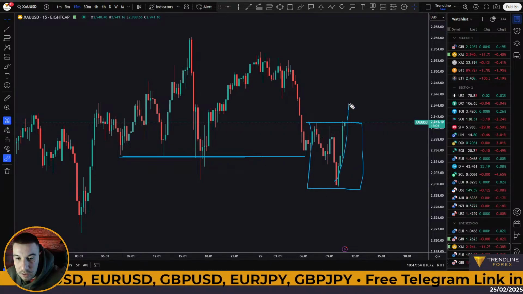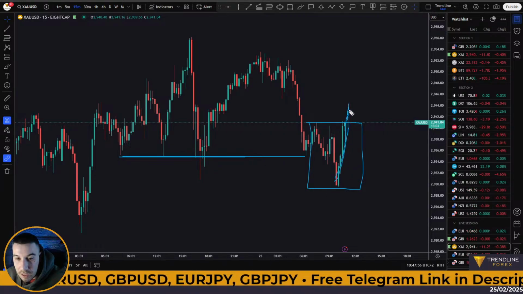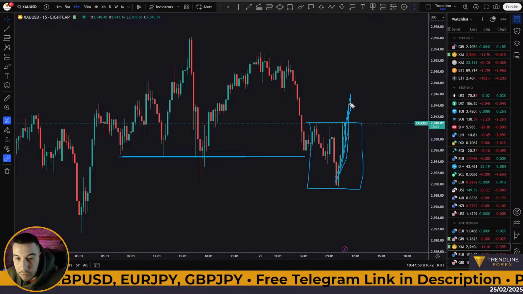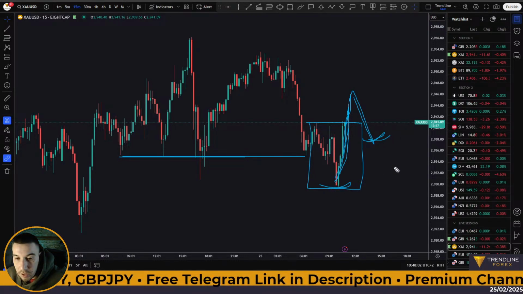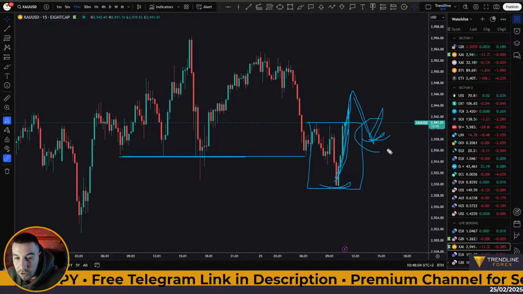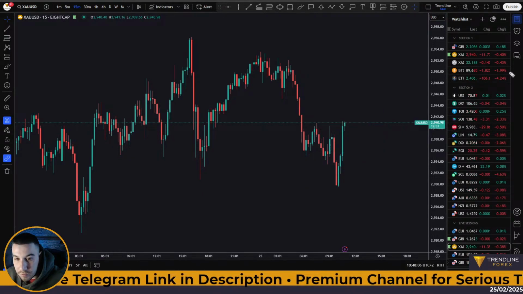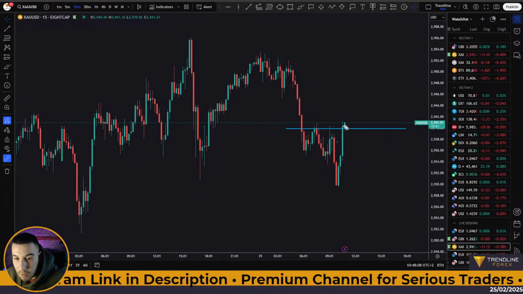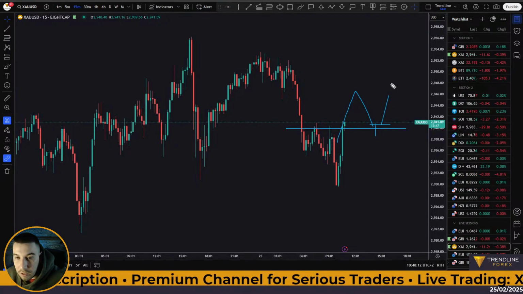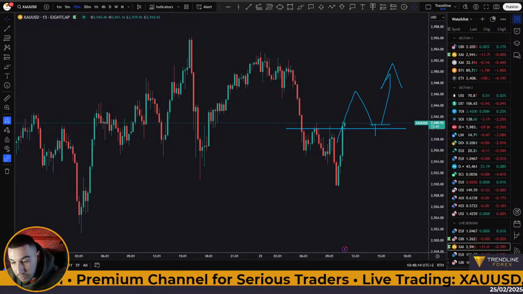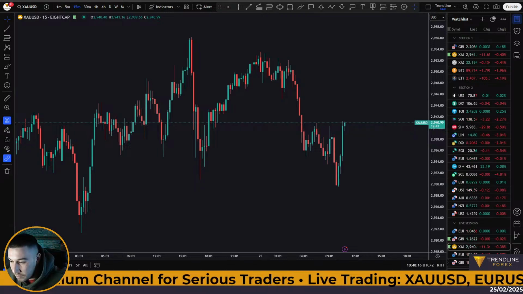So let's see. In that case, I would like to see price pushing a little bit higher and then coming back to form a higher low. And if that happens, then I could potentially look for an entry in that case. For example, we may have a break and retest pattern here. And if I get a good entry signal, then I could potentially take advantage of that.